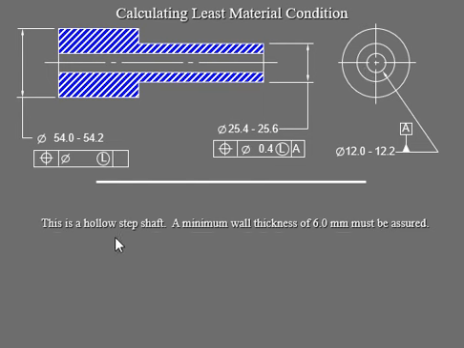This is a hollow step shaft, and you can see the minimum wall thickness is going to be 6.0. And then we have a two control frame with tolerance right here. We have two views, so you can see the datum reference right here, it's at A.